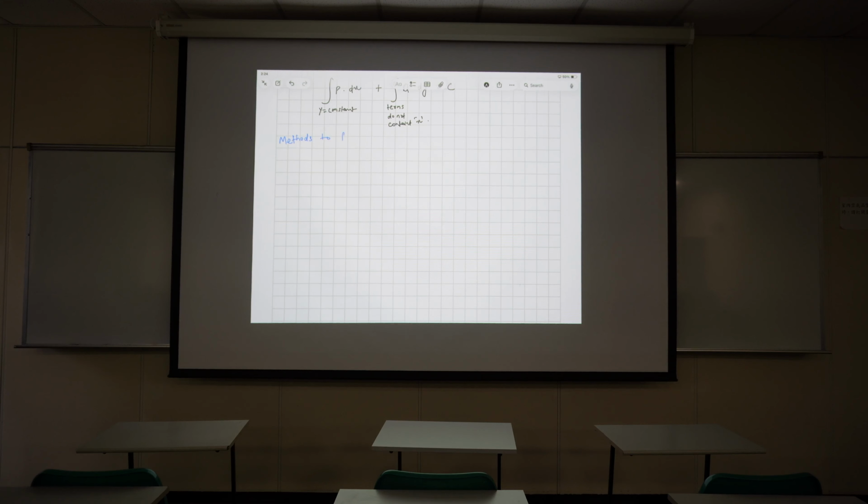Methods to find the integrating factor. So the first one is the method of inspection.